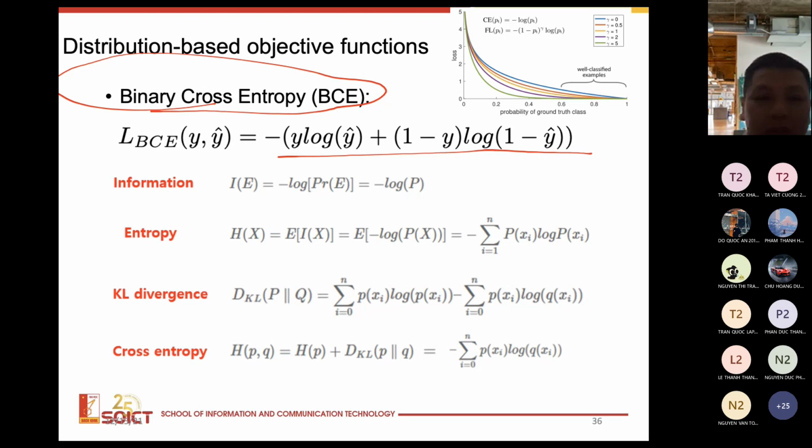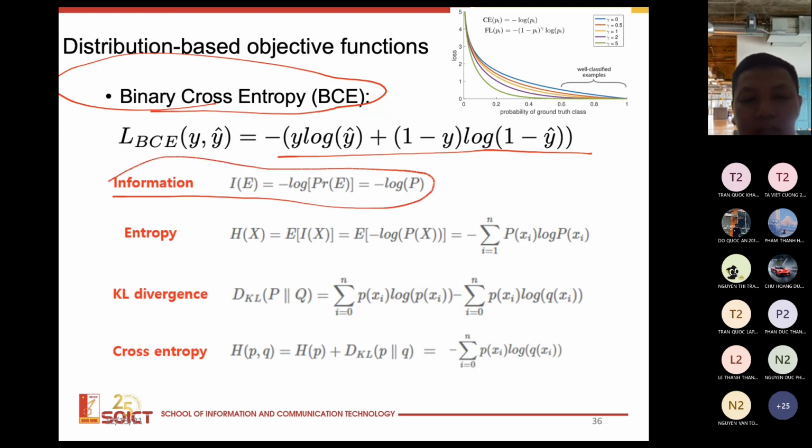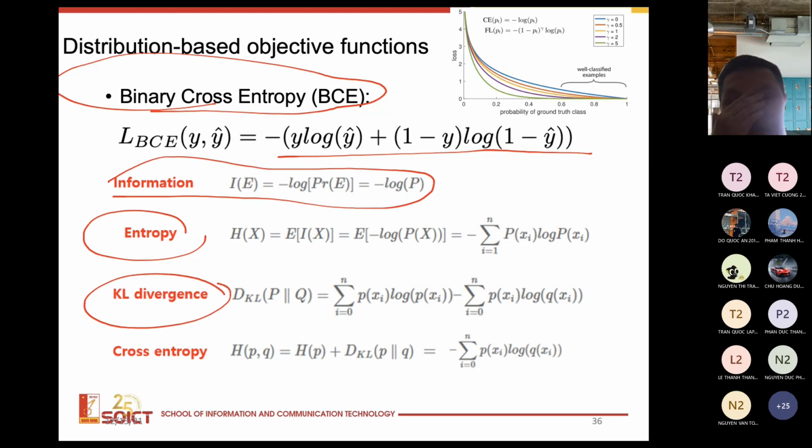Okay, so let me remind you about some concepts that we use for that loss function. So first is the concept of information, it's just minus the log P, right? And then we have the concept of entropy, and the KL divergence is to measure the difference between the two distributions P and Q, right?